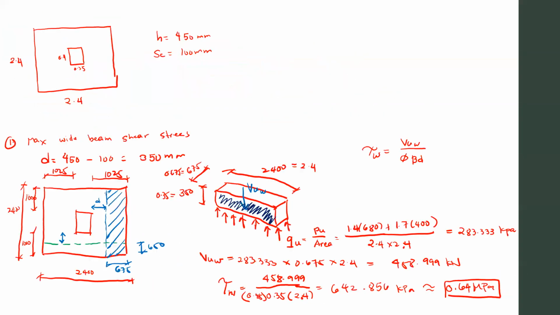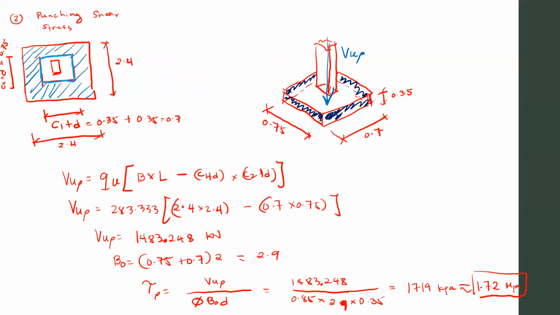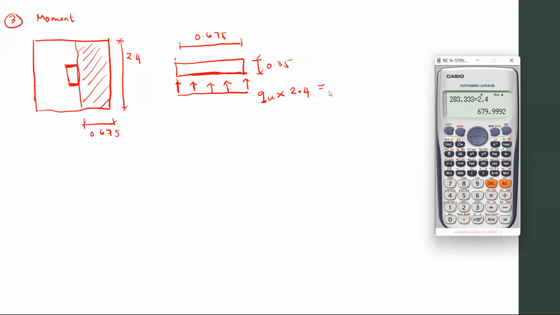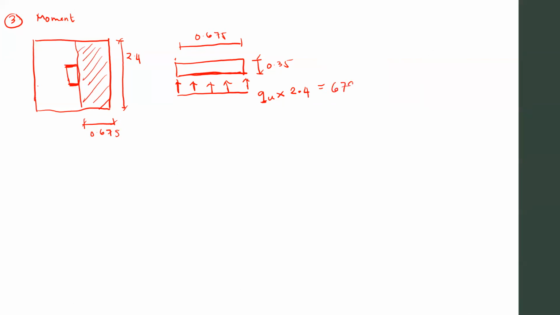So, that is 283.333. So 283.333, multiply it by 2.4, you get your 679.999. Okay, then to compute the length, okay, so parang ganito siya.